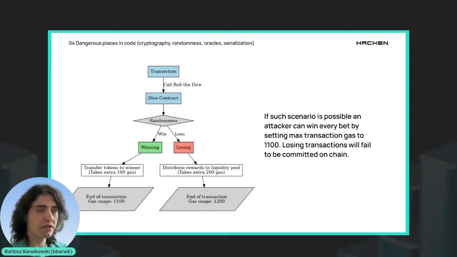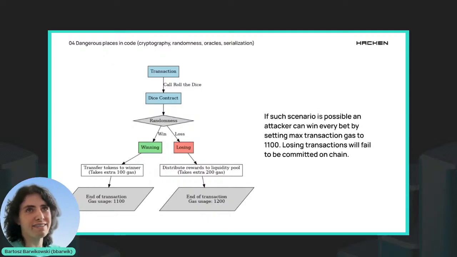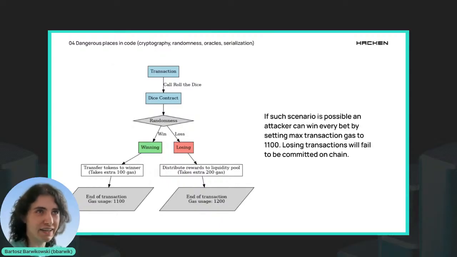In this particular example, you can see that in case of the transaction where tokens are transferred to the winner, it would only consume 100 extra gas. But in case of losing a bet, it would consume 200 extra gas. So the way to abuse this mechanism would be just to limit the max transaction gas.